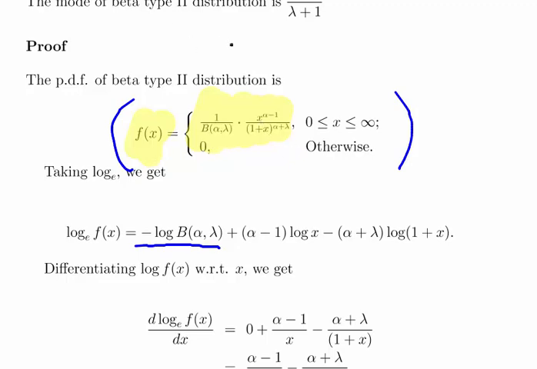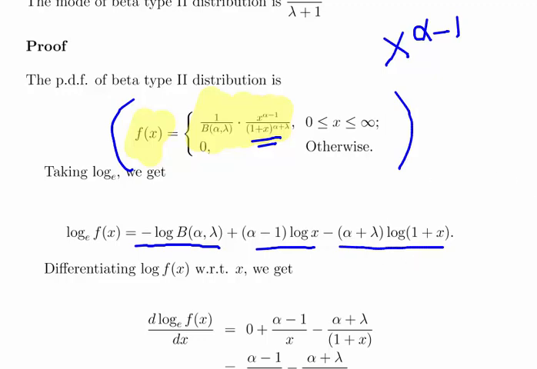The numerator, x to the power of alpha minus 1: when we get the logarithm of that, we use the power law, so we end up with alpha minus 1 times log of x. And down here, using the power law again, we get minus alpha plus lambda times log of 1 plus x.